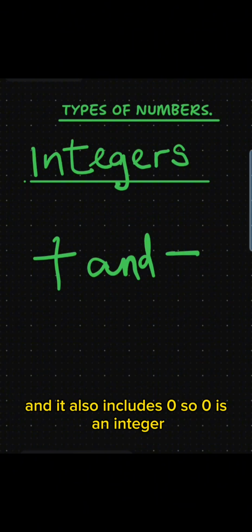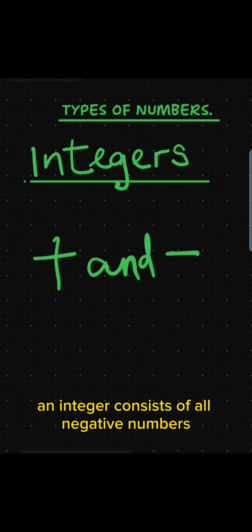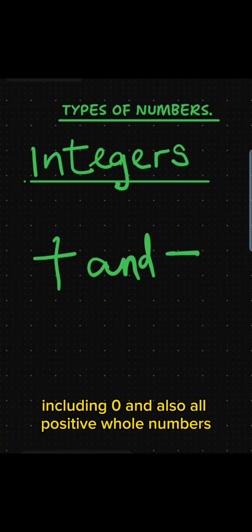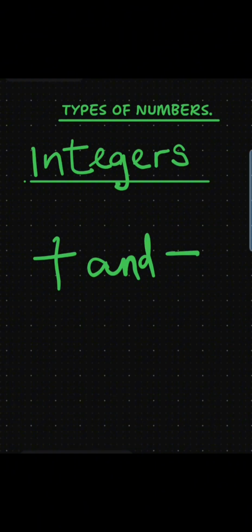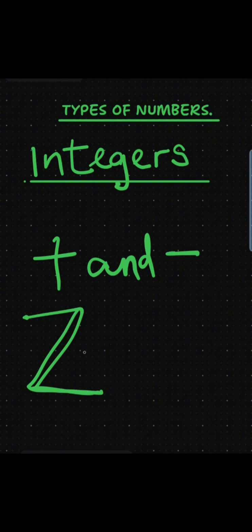and it also includes 0. So 0 is an integer. All right. So when we're talking about integers, an integer set consists of all negative whole numbers, including 0, and also all positive whole numbers. Now, integers are denoted by the set Z, usually written like this.